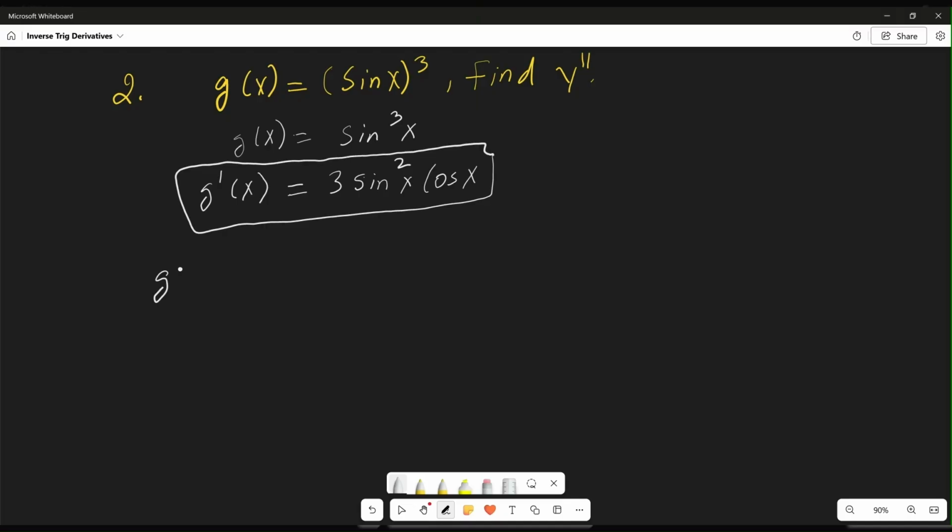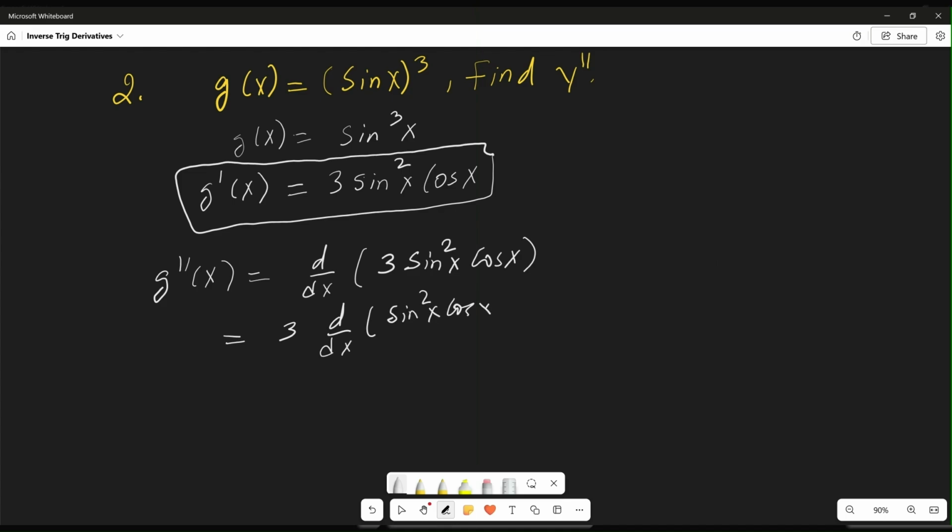Let's find the second derivative of this function, which is simply the derivative of the first derivative, 3 sine squared x cosine of x. Constant multiplier rule here, the constant is out, so we're just finding the derivative of these two functions, and we can see the product rule being applied here within the power rule and so much inner function stuff.